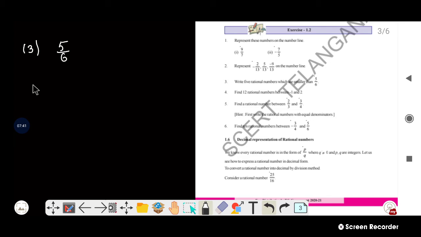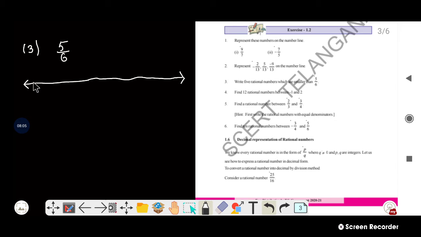For that you can just keep a number line. So I want to keep a number line. A straight line I am drawing. In that straight line you identify that divide by 6 is common for this.